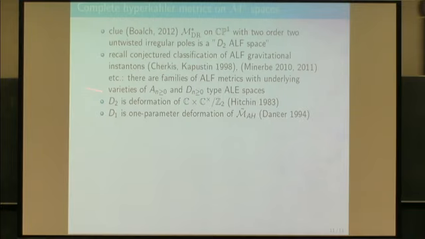I think the idea is that we have the one parameter deformation of the Atiyah-Hitchin manifold. In fact, it's not the Atiyah-Hitchin, it's the universal cover of the Atiyah-Hitchin, which has a Z2 fundamental group. And then you have a one parameter deformation found by Dancer. And finally, D0 is supposed to be the Atiyah-Hitchin manifold, which is somehow a rigid hyperkähler manifold, really famous.